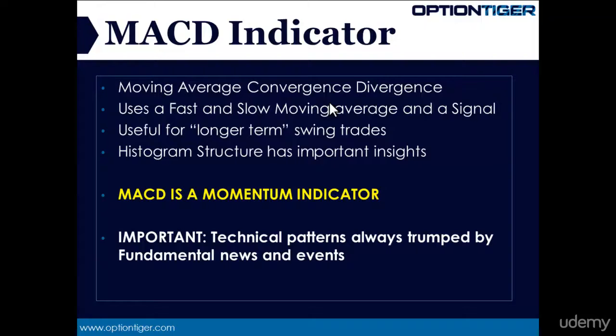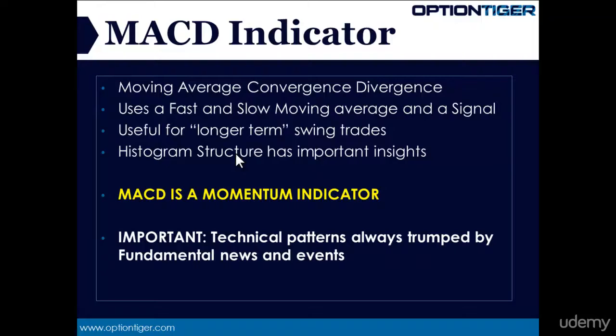Then it starts peaking out, which means the momentum starts to go out, and then the momentum actually starts falling. This aspect is one of the most important features of the MACD indicator itself, and the way you read it is through the histogram structure. The histogram structure has some important insights, and when we go in, we'll take a look at that.